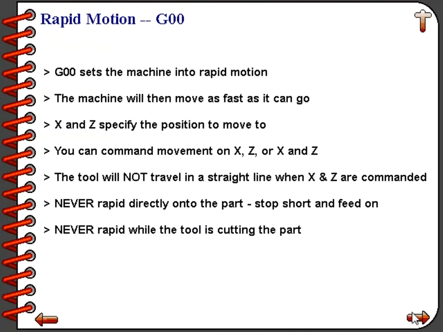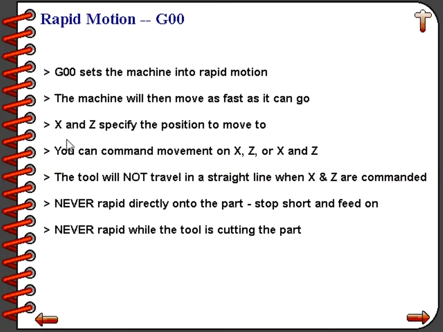Let's take a moment and review what we've covered so far on rapid motion. G00 sets the machine into rapid motion. The machine will then move as fast as it can go, and you have no control over that speed. The machine will simply go as fast as it can possibly move. X and Z specify the position to move to.